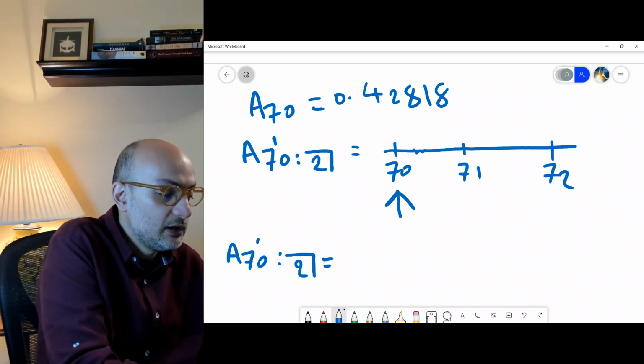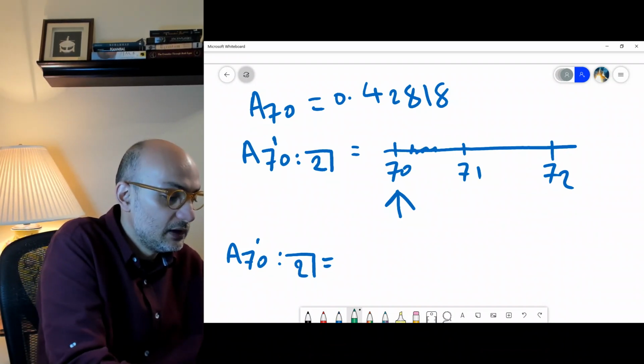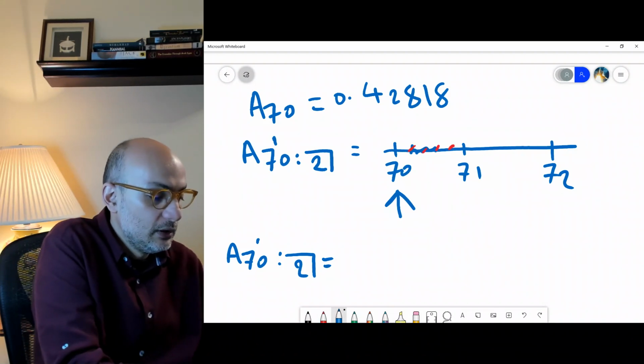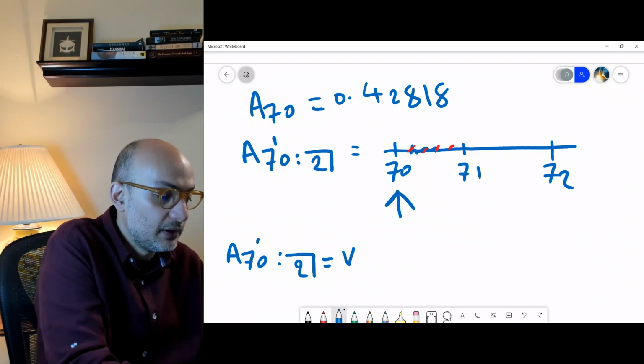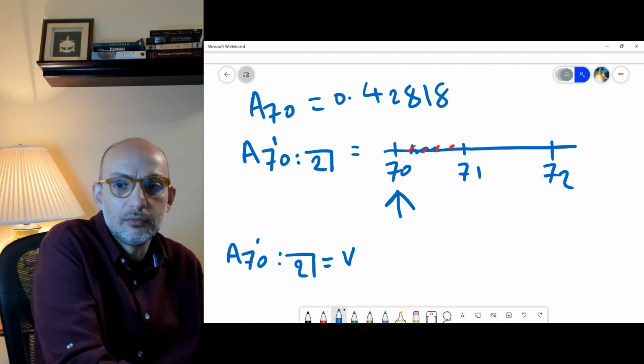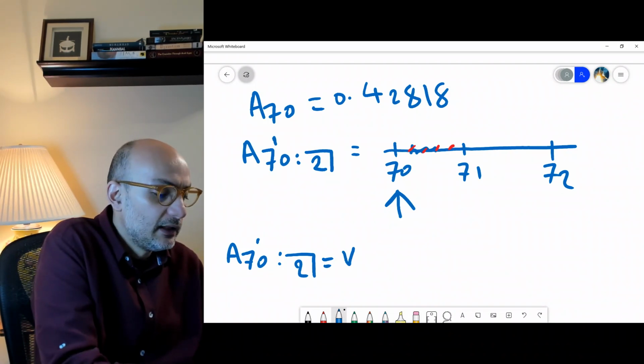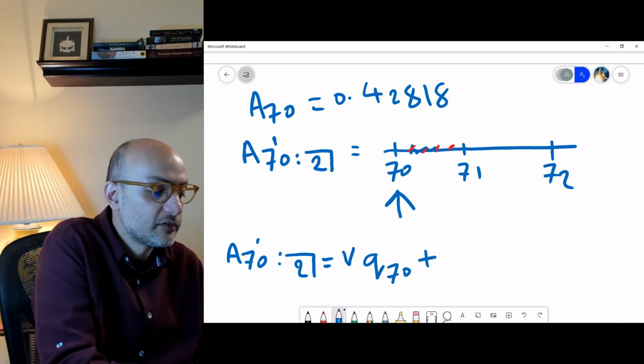If death occurs here, then the payment will be at the end of the year, so we discount it with interest, V, and then death occurs, Q70.